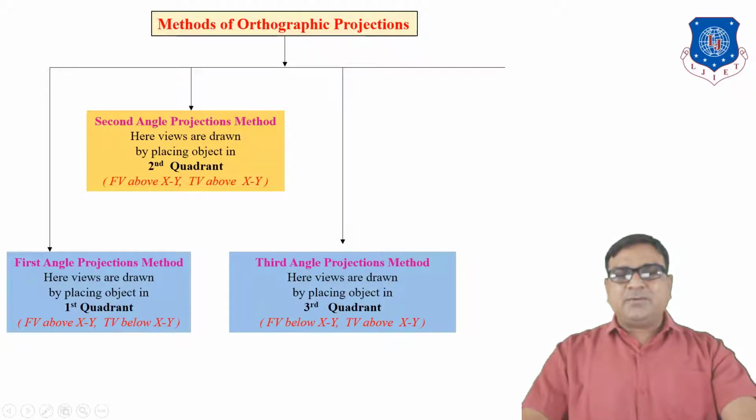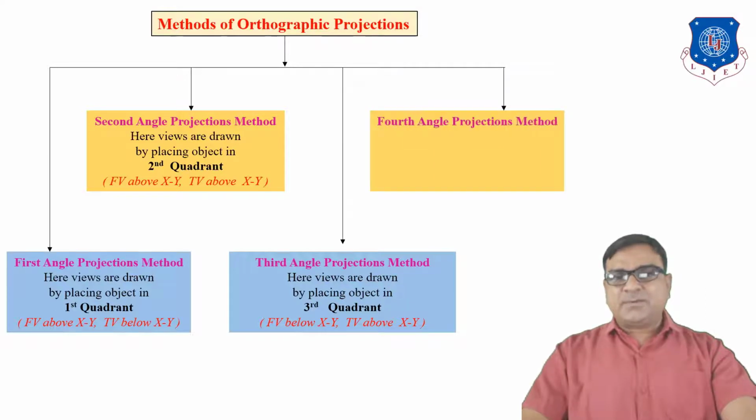Here the front view will come below XY and the top view above XY. Fourth angle projection method means the object is placed in the fourth quadrant. Here the front view and top view are both below XY.